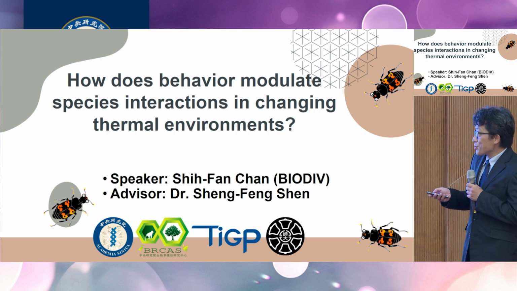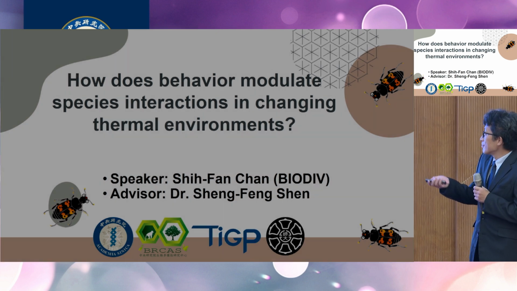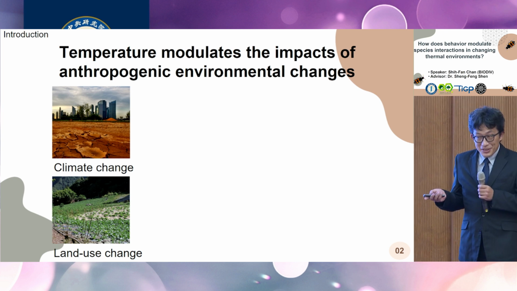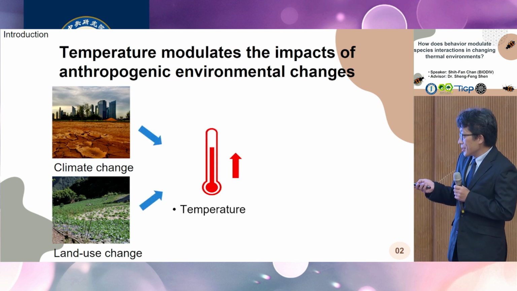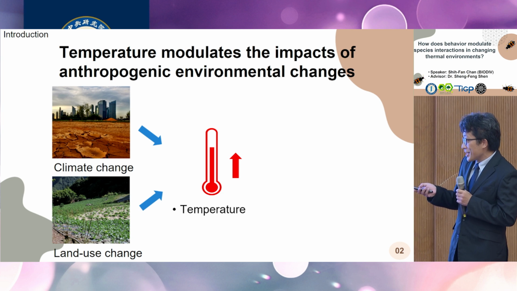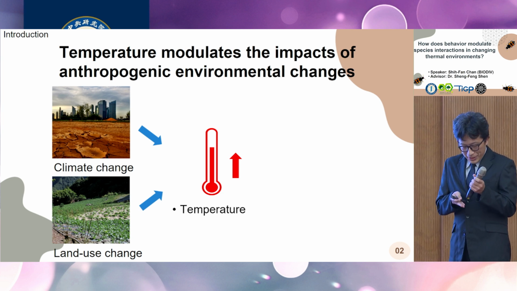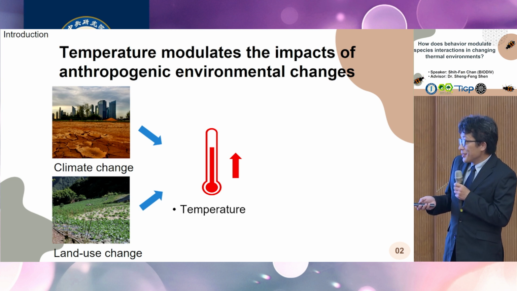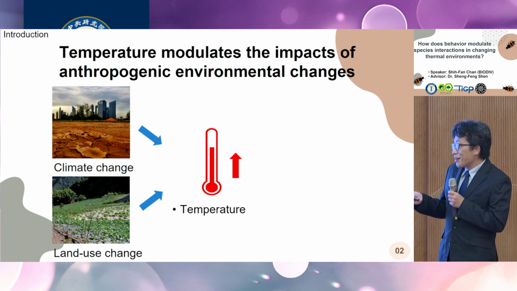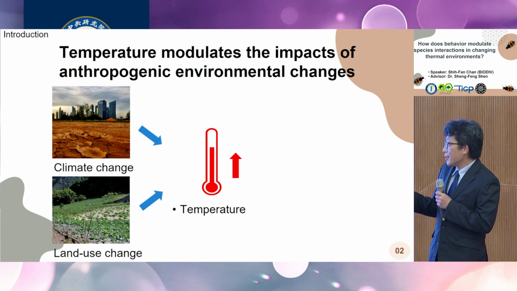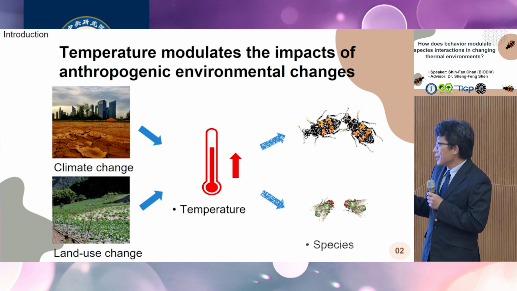I study the joint influence of climate change and land use change on biodiversity, with particular emphasis on the effects of temperature. As we all know, these two kinds of biodiversity stressors can influence the temperature experienced by many different species.